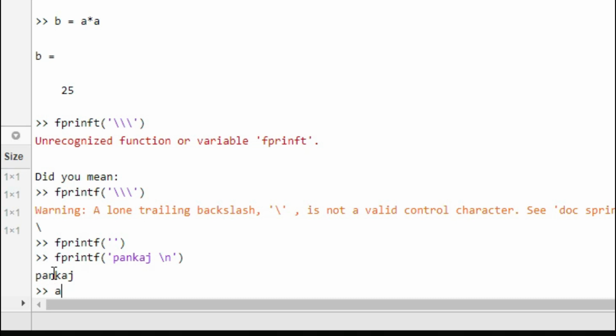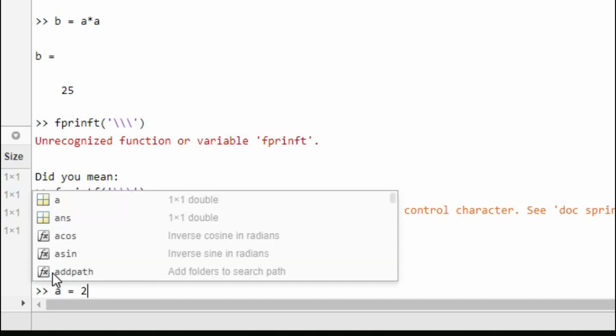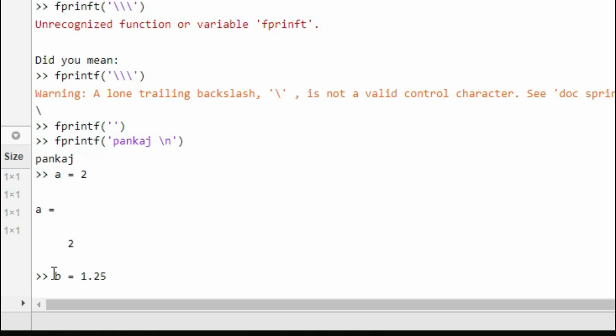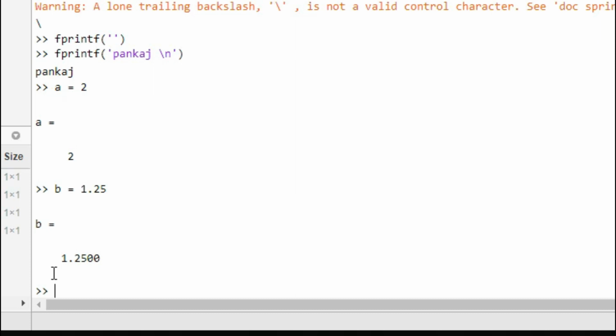So let's try a equal to 2 and b equal to 1.25, and c equal to a into b.